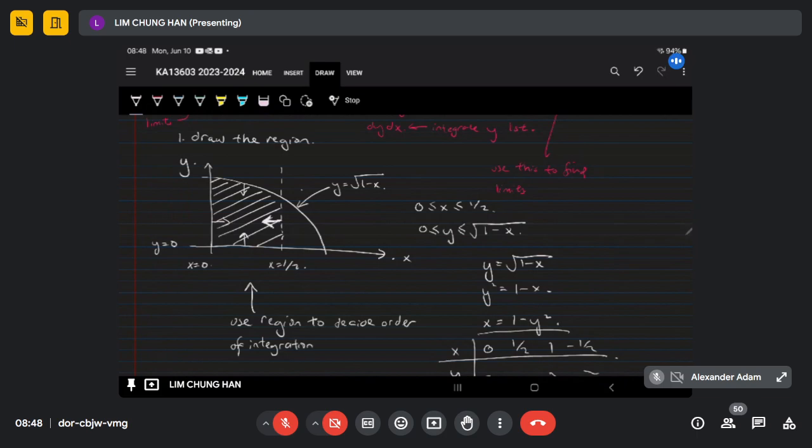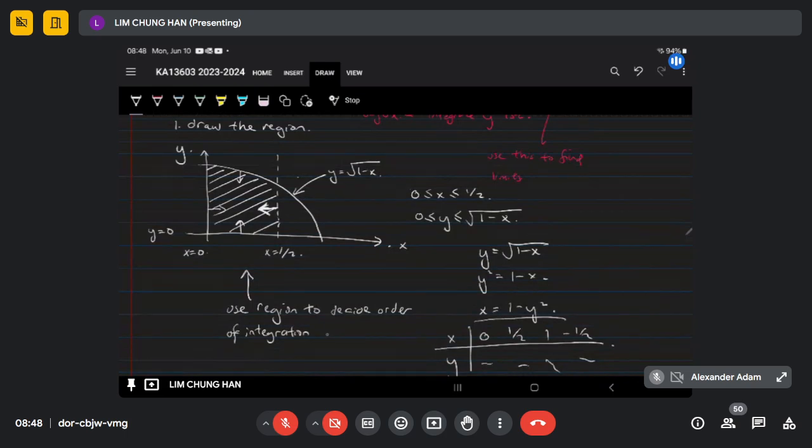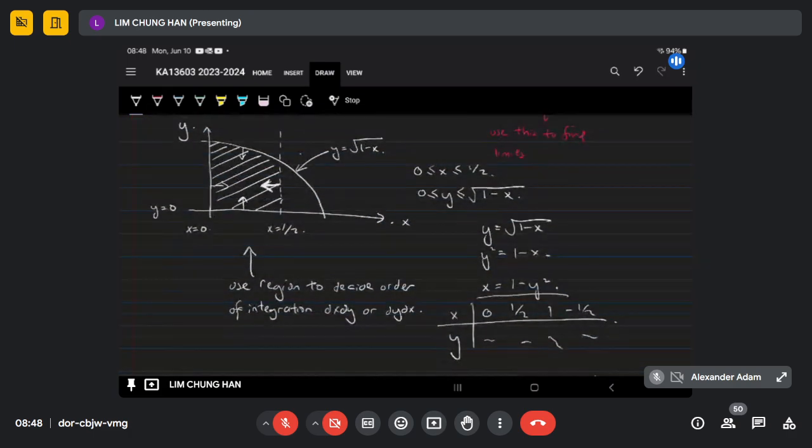When I say order of integration, that means, do I want to do dx dy first or dy dx? Basically, do I want to integrate x first or y first? You use the region to decide the order of integration and to get the limits.